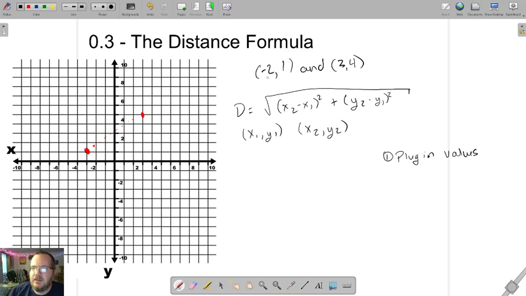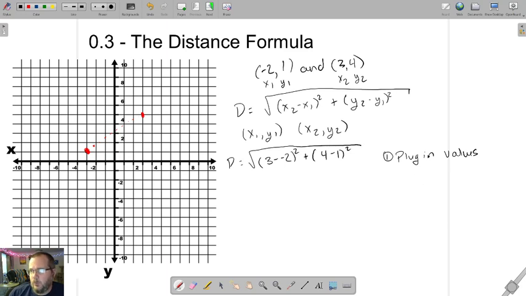So I'm going to say that -2 is x1, and if this is x1, then 1 has to be y1. And I'm going to say that 3 is x2, and if 3 is x2, then 4 has to be y2. So if I'm going to plug values into the formula, that means the distance between these 2 points is the square root of (3 minus -2) quantity squared plus (4 minus 1) quantity squared.